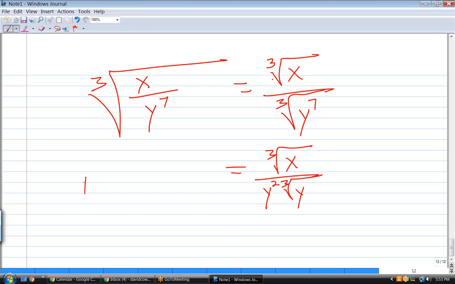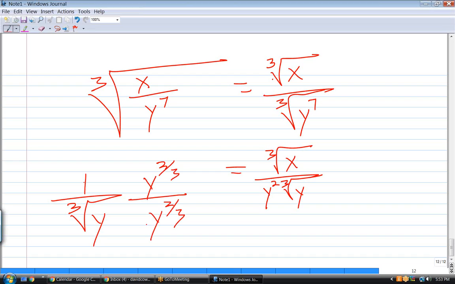What would you do if I gave you this as an answer? How do you rationalize that? I would multiply the top and bottom by the third root of y squared, or y to the 2/3.